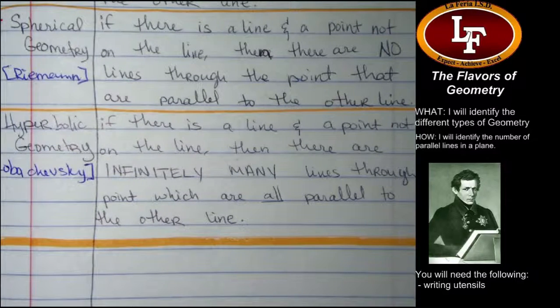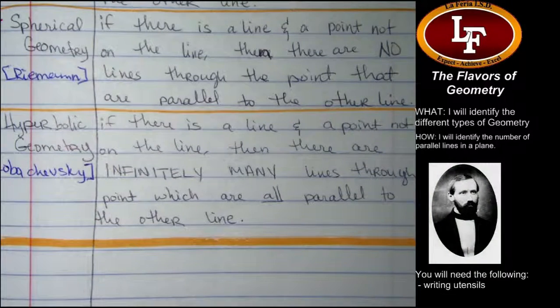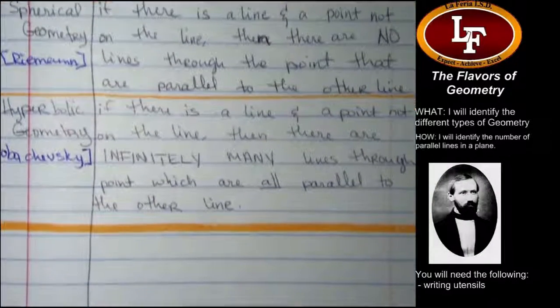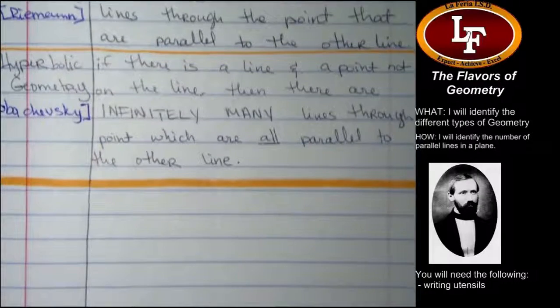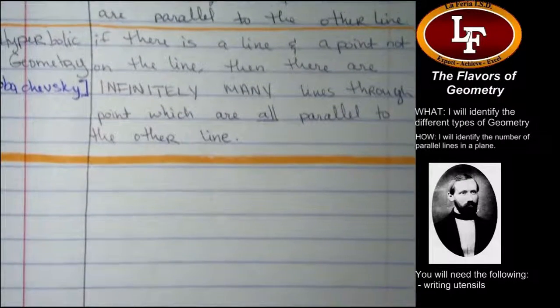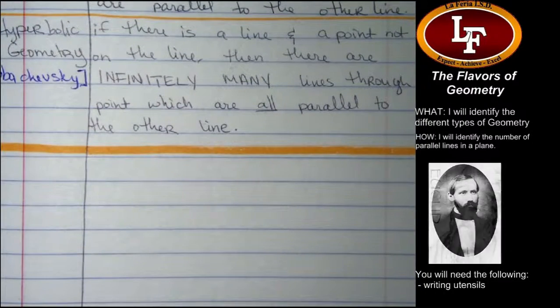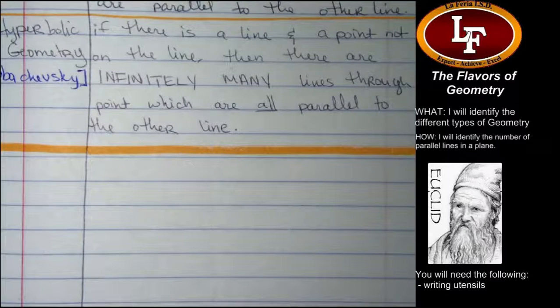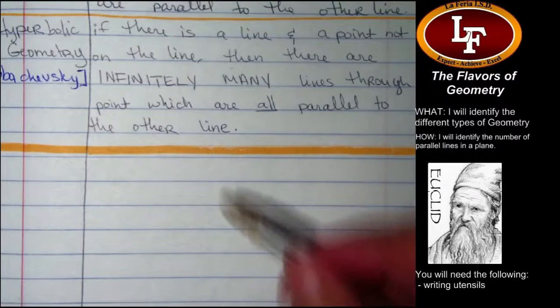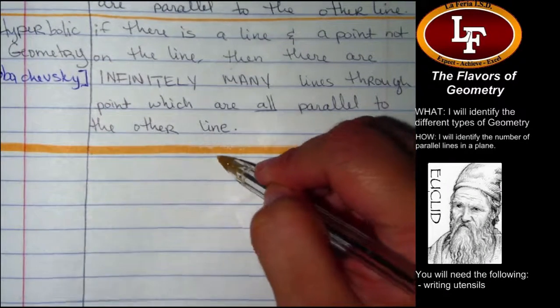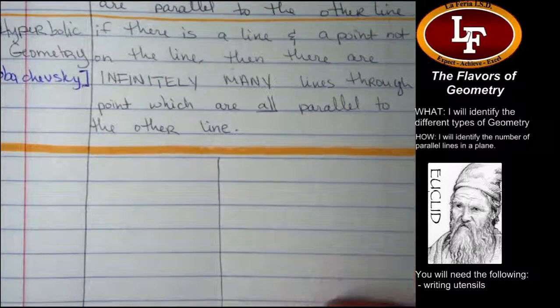This is all well and good, but these three flavors of geometry have very real consequences to otherwise very familiar objects and shapes. I'd like you to take what's left of your note-taking space and divide it equally into 3 columns.